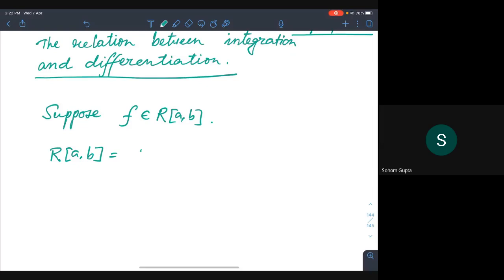R[a,b] means the set of all Riemann integrable functions on [a,b]. Now define a function g on [a,b] as g(x) equals the integral from a to x of f(t) dt. Right, so this is a function of x.